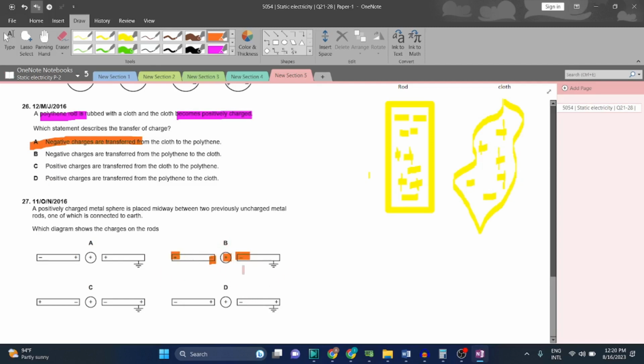And there is a positive charge on the left rod because initially they are uncharged metal rods. So the amount of positive particles must equal the amount of negative particles. That means the left rod will have positive particles and negative particles. So the left rod must look like this. So it looks like B and C are the answer.